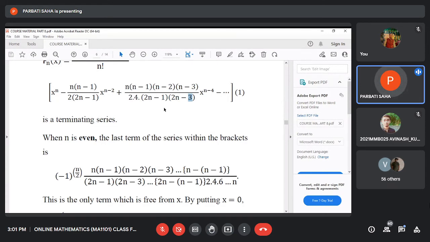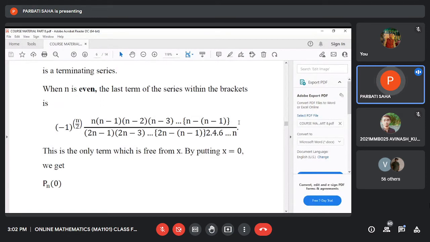Okay, and you see, here in the first term there is only 1, 2, then 2 into 4. So in the last term it should be 2 into 4. Actually, what is your observation, that is important. You observe these terms carefully to write down the last term.